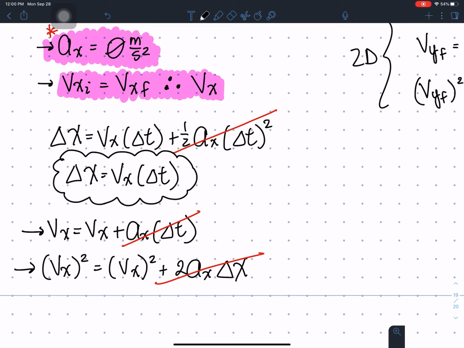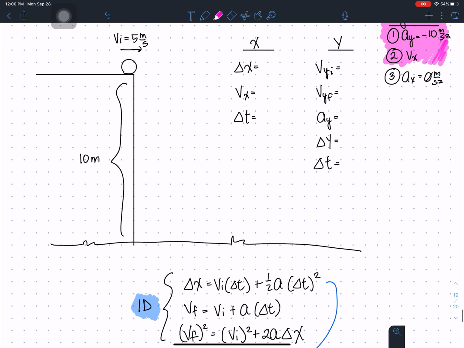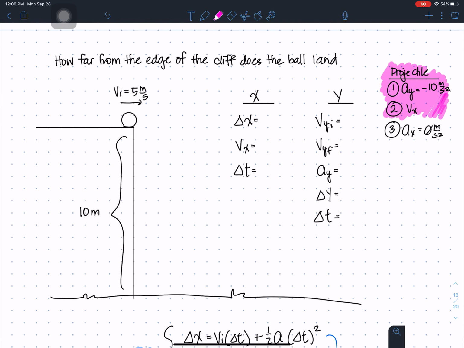Again, that is not useful. We can't actually plug anything in to either of these. So the only equation that we really have in the x direction for projectile motion is delta x equals Vx delta t. And that is why the variables in our x direction data table above are just delta x, Vx, and t.